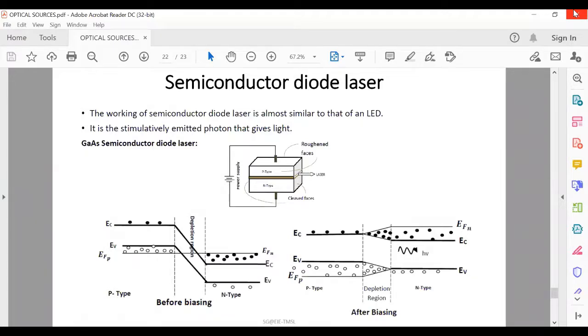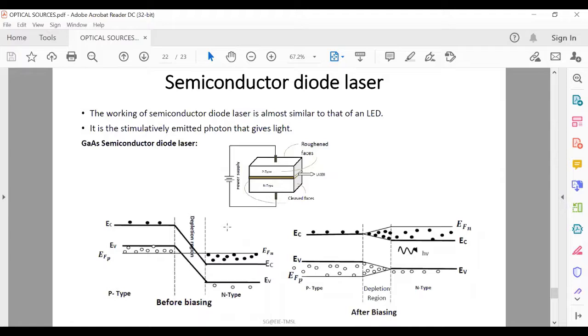Now, if a large forward current is flowing through that diode, the population inversion is established between the Fermi levels of the p-type and the n-type semiconductor, and hence the lasing effect is achieved using a suitable resonant cavity.